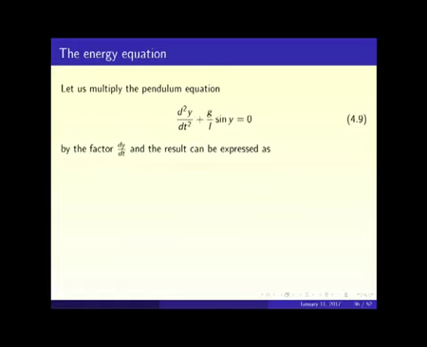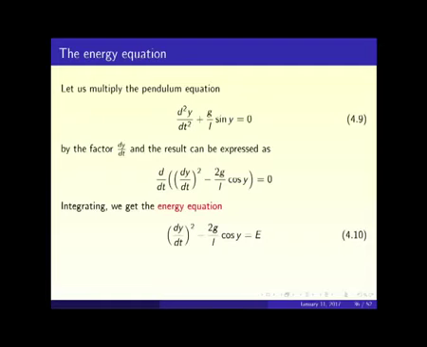So what happens when you multiply the differential equation 4.9 by y prime? The left hand side of the equation becomes an exact derivative. That's exactly what you see in the next display in the slide. d/dt of (dy by dt) the whole squared minus 2g by L cosine y is 0.